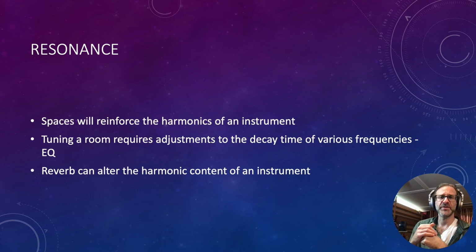If the frequencies of an instrument are overt or strong in one area, we might want to try to find a reverb that's going to be as strong in its tail or its resonance in the remaining harmonic spectrum so that it balances a little bit better. So there's lots of different ways that we can use reverb to alter the harmonic content of an instrument simply by applying it directly to the instrument in a mixdown situation.